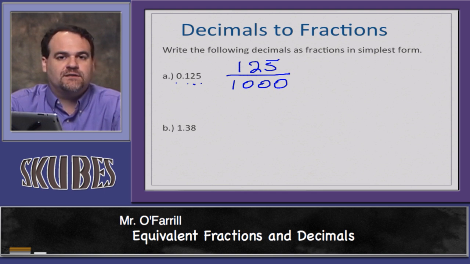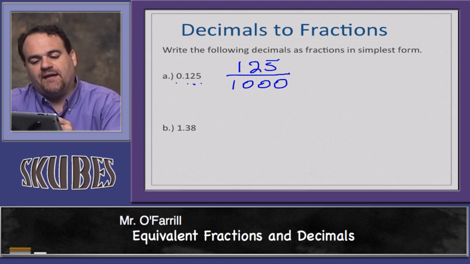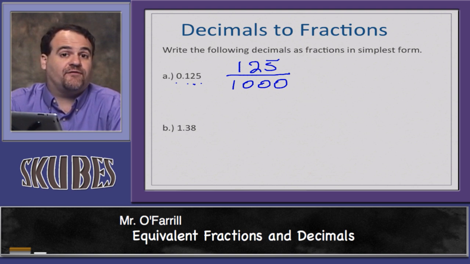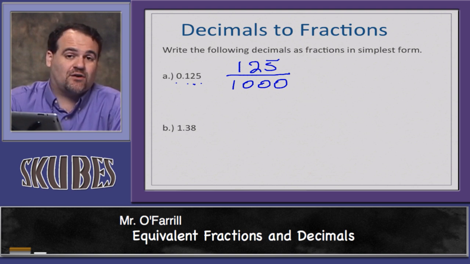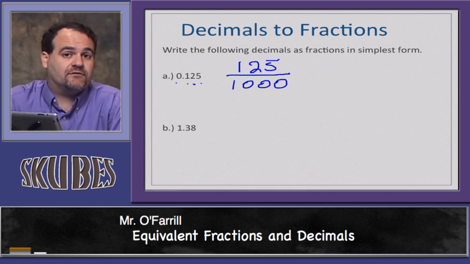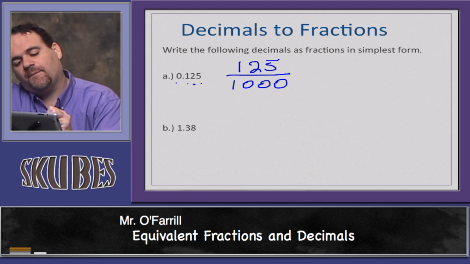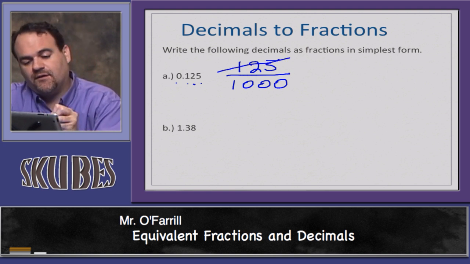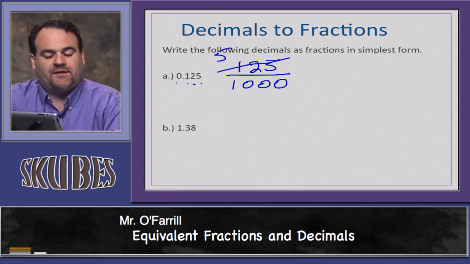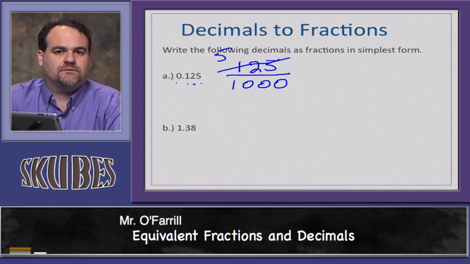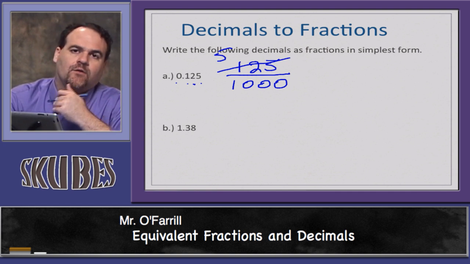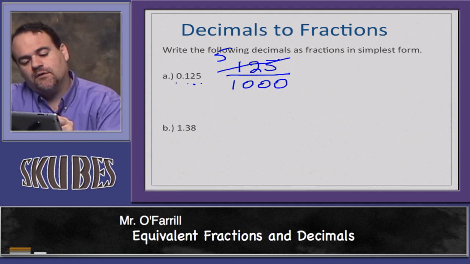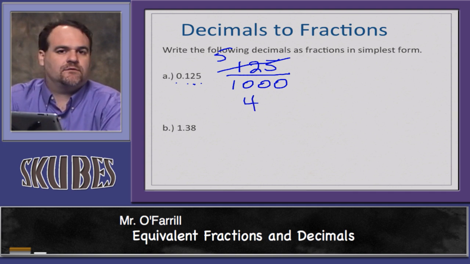One of the tricks, of course, is, well, that ends with a 5. That ends with a 0. I know the number 5 is going to have to go into it. You want to start with that? Or maybe go a little bit bigger, like 25. Yeah, how about 25? 25 is going to go into 125 5 times. How many times does 25 go into 1,000? Well, 25 goes into 100 4 times.